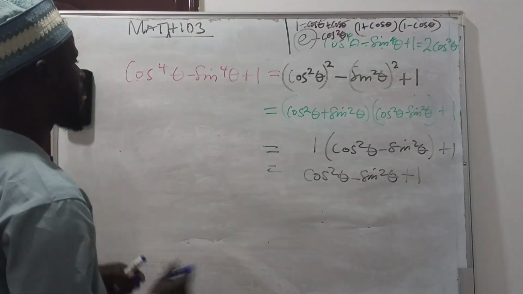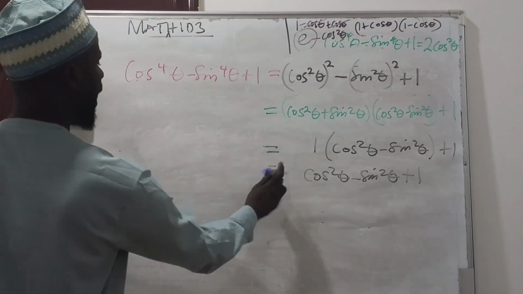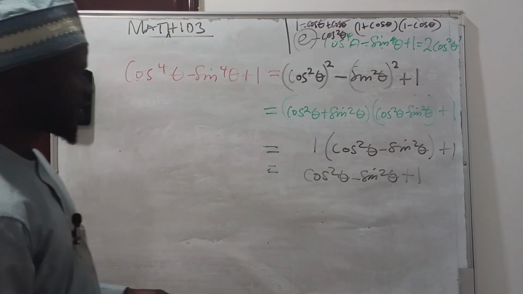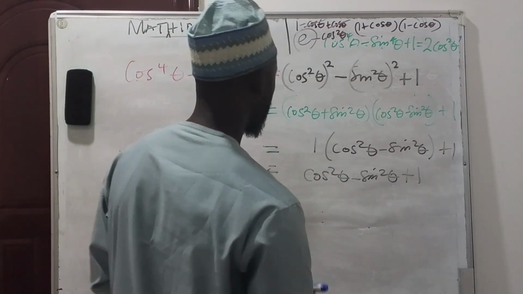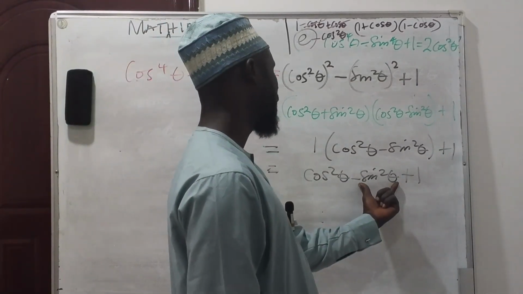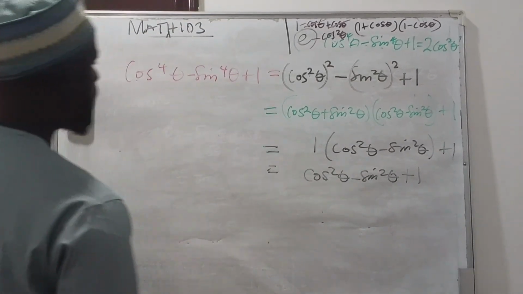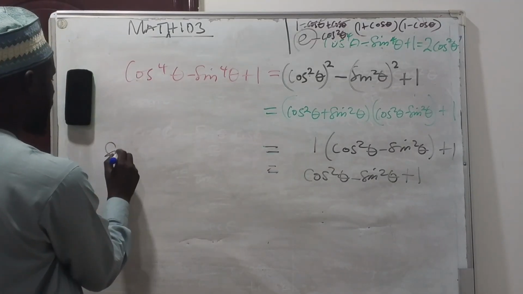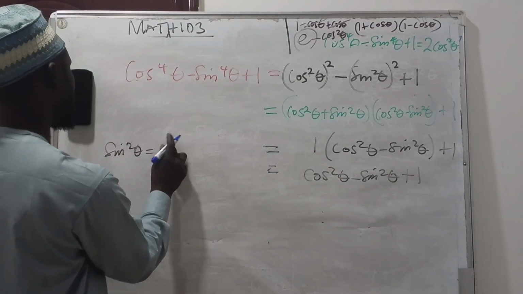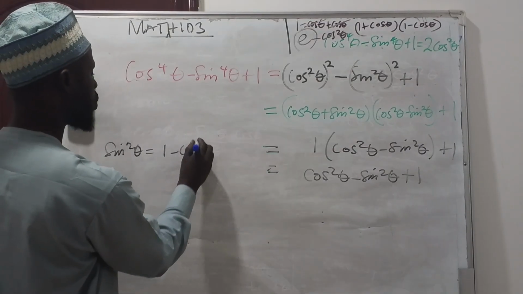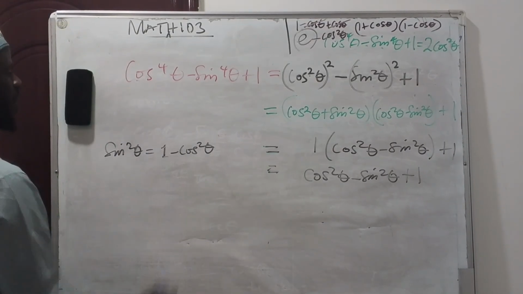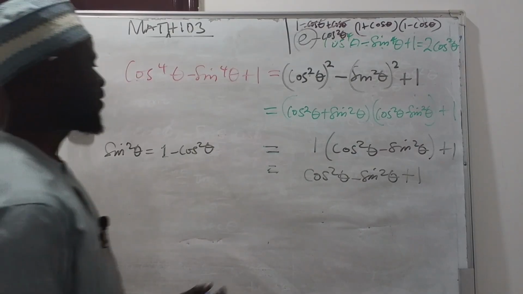But remember, from the Pythagorean identity we achieved another identity: sin square theta is equal to 1 minus cos square theta, from the previous lecture.